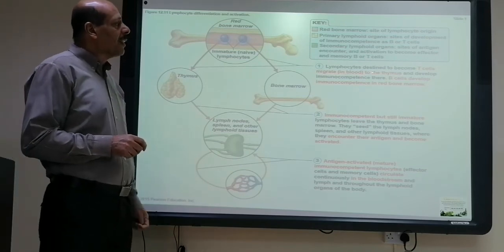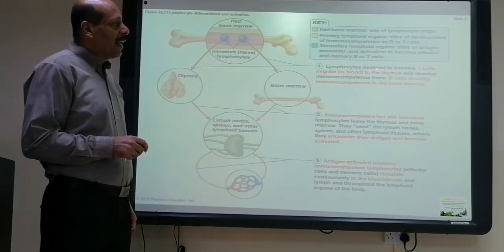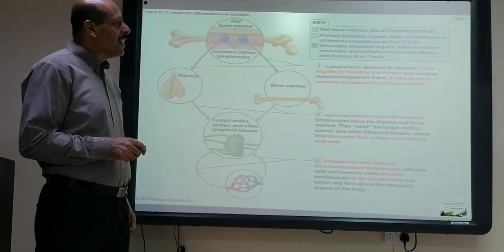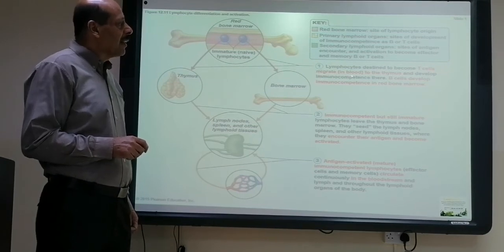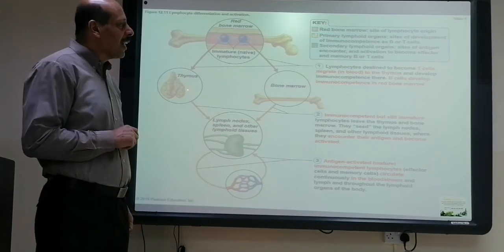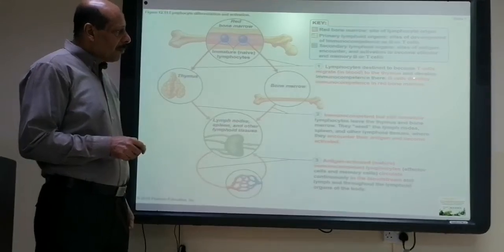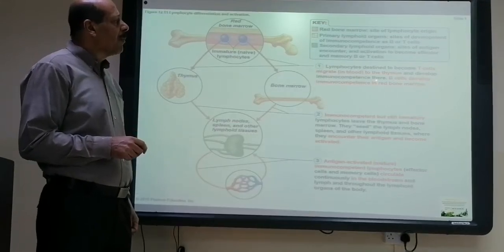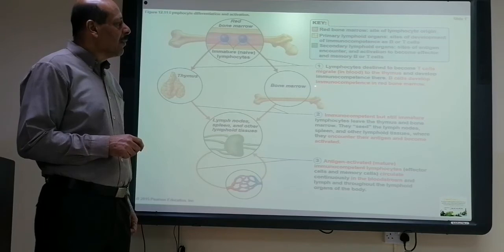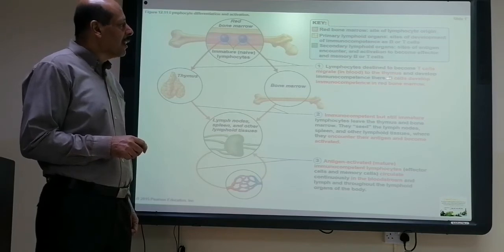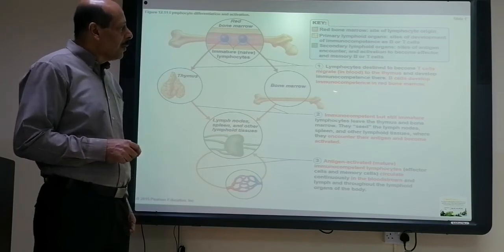So the lymphocytes destined to become T cells migrate in the blood to the thymus gland and develop immunocompetence there. The B cells develop immunocompetence in the red bone marrow.